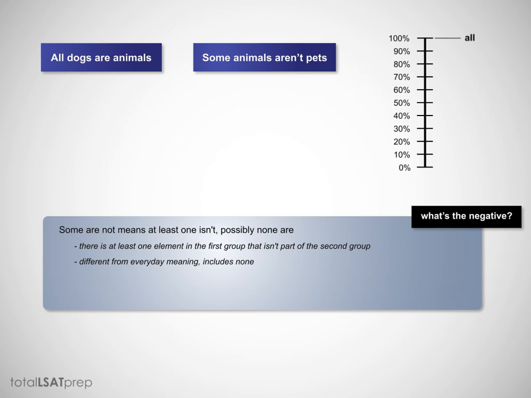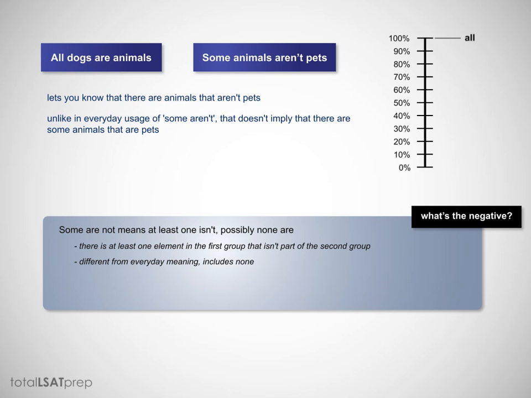So, taking a look at this premise, it simply lets you know that there are animals that aren't pets. But you have to be careful, unlike in everyday usage of some aren't, that doesn't imply that there are some animals that are pets. When you see a premise with the qualifier some aren't, keep in mind that it doesn't have to mean that some are. Now, thinking of it in terms of percents, this qualifier can mean everything under 100% up to and including 0%.